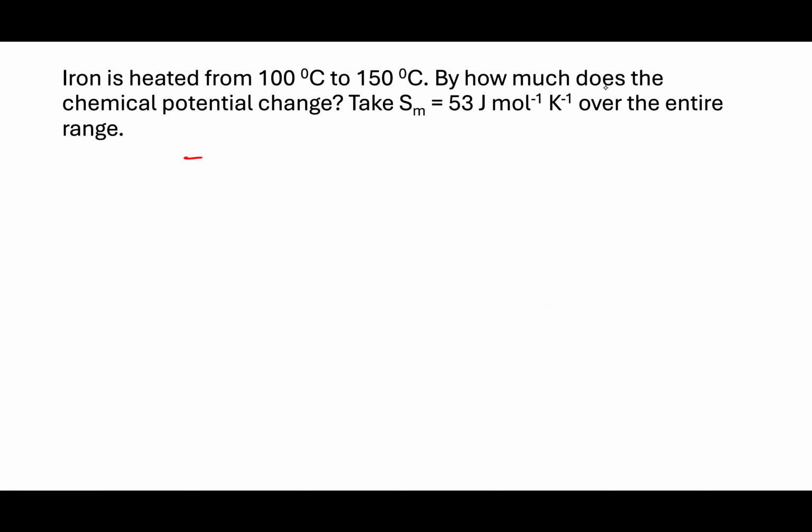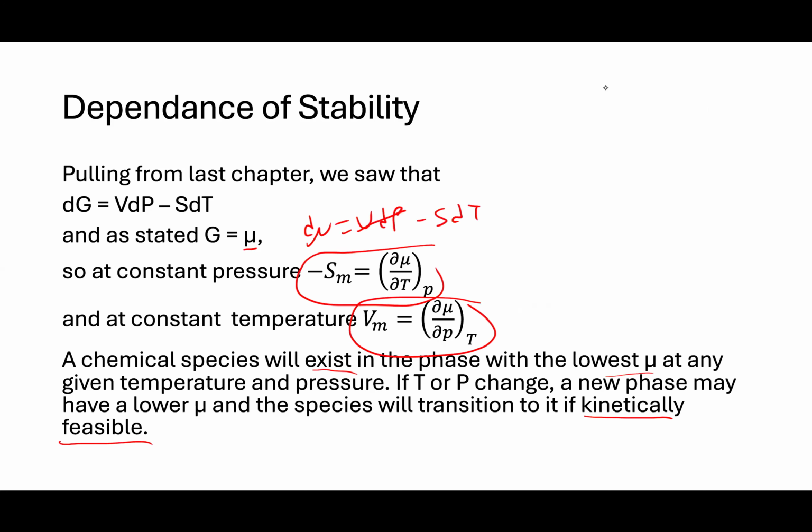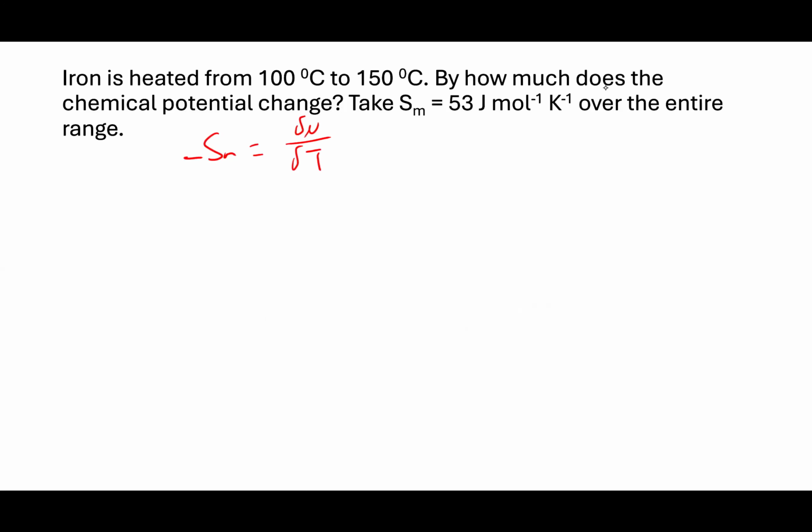Our negative molar entropy is equal to d mu over dT at constant pressure, but don't worry about the constant pressure; we're going to assume it.